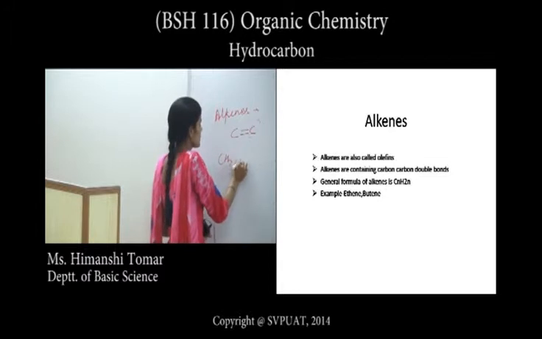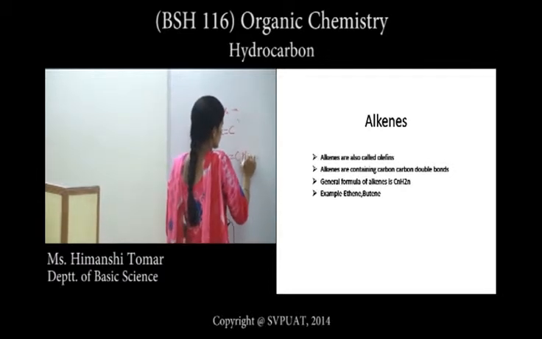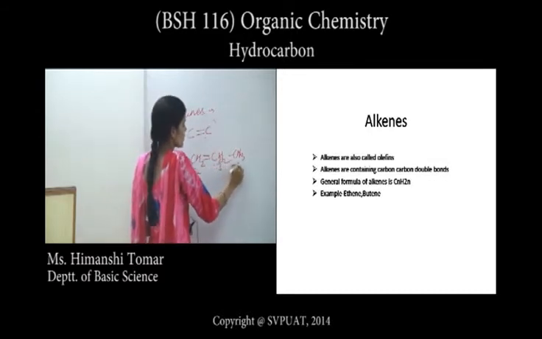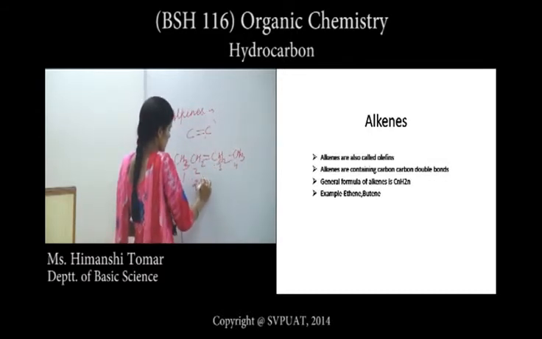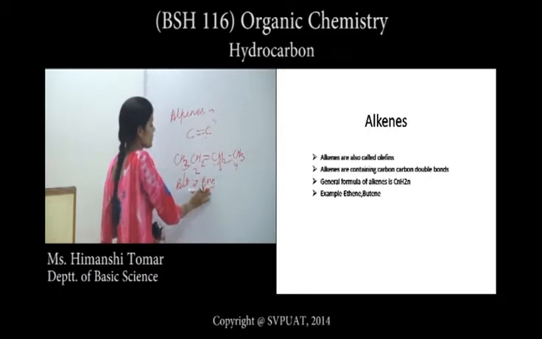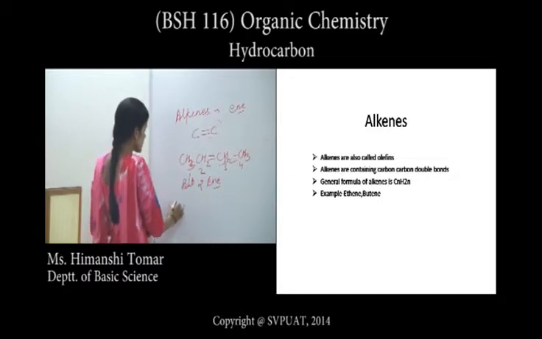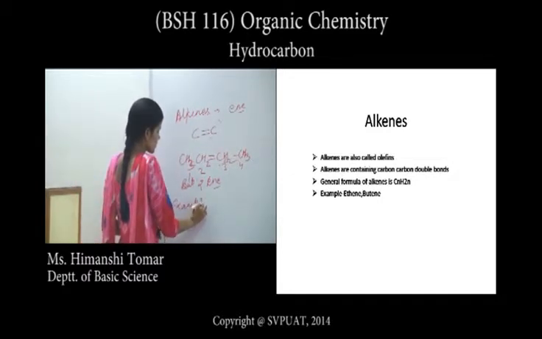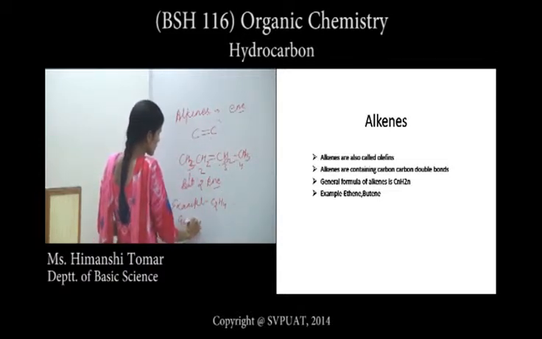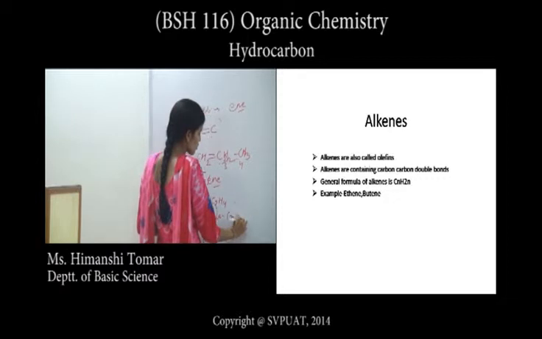If we have a chain CH2, CH3, numbered 1, 2, 3, 4, it is 2-ene, because the suffix is ene in alkenes. An example of alkenes is C2H4, because the general formula is CnH2n.